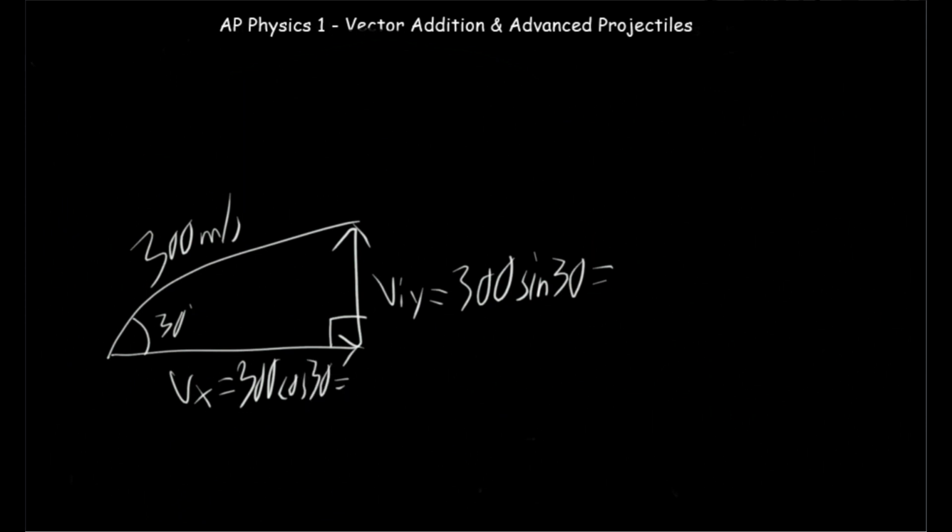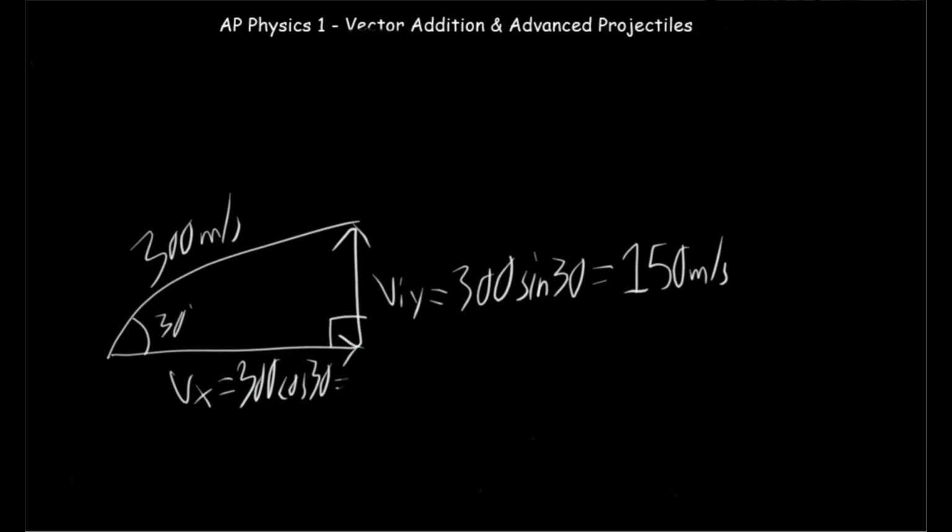We can honestly just save V of x for the end, because V of x doesn't change, and we won't need V of x till the end, yeah? So let's not solve for that just yet. Instead, we can solve for VIY because we do need that. So 300 sine 30, and that will give you a perfect 150 meters per second.